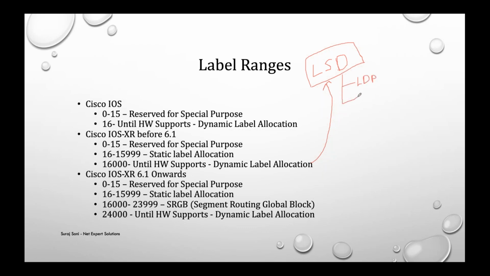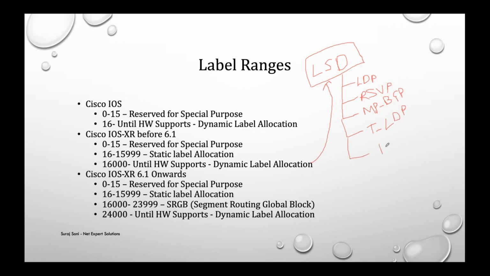RSVP can be the client. MPBGP can be the client in case of L3 VPN. Your TLDP can be the client in case of L2 VPN. TLDP stands for targeted LDP.